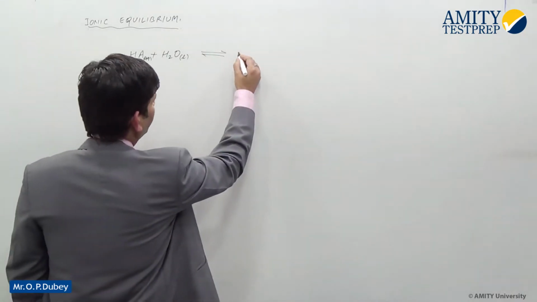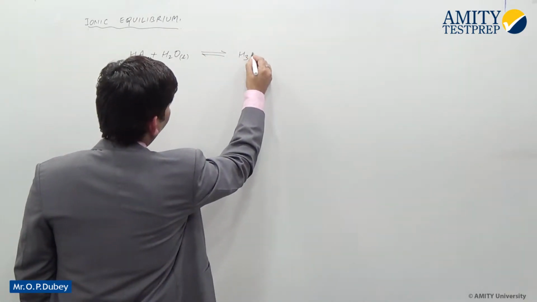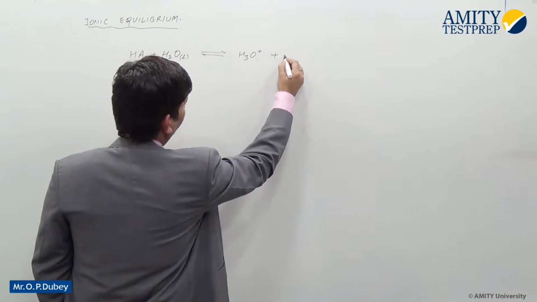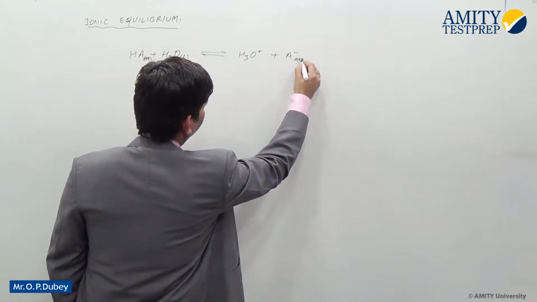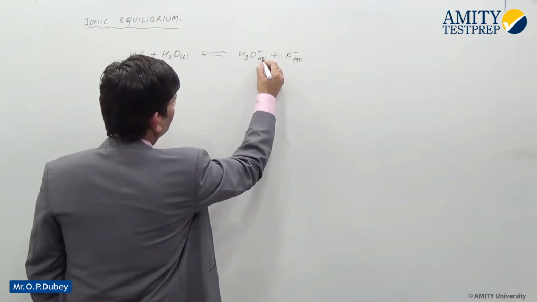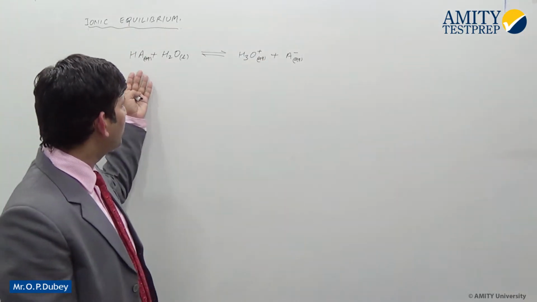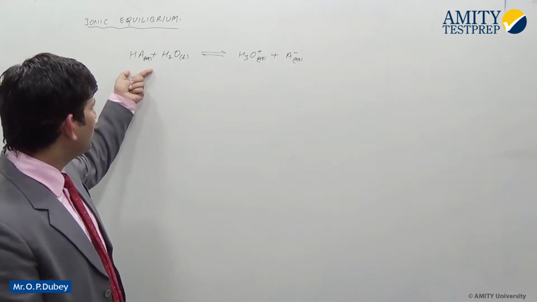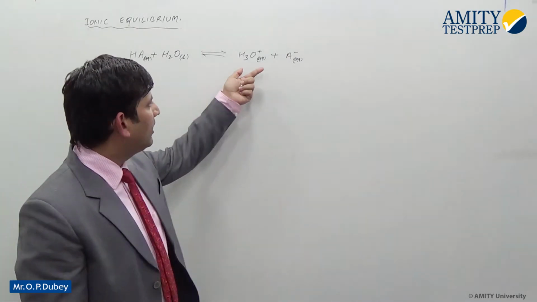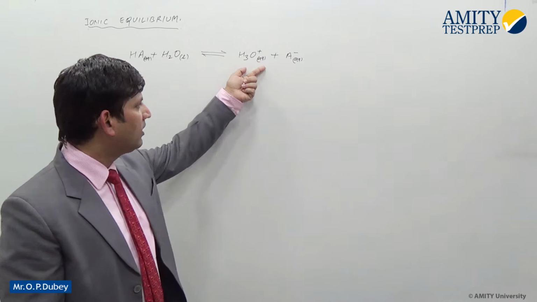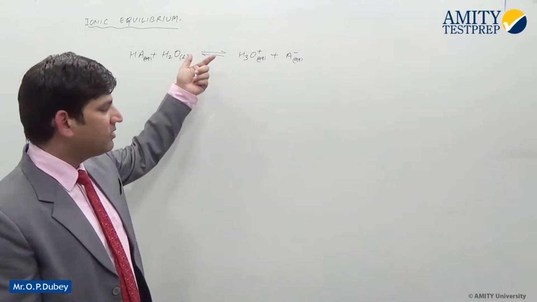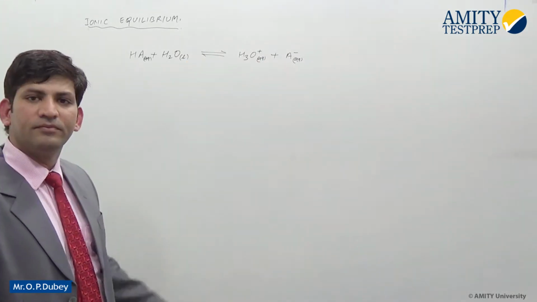It dissociates as H3O positive aqueous and A minus aqueous. The weak acid does not dissociate 100%. The undissociated weak acid and the ions produced by the weak acid, the equilibrium between them is called the Ionic equilibrium.